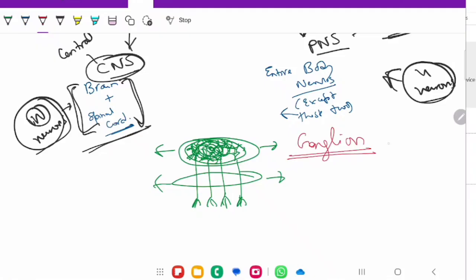Ganglion. So what are the most common examples of ganglion? Trigeminal, otic. Any other examples that we know of?